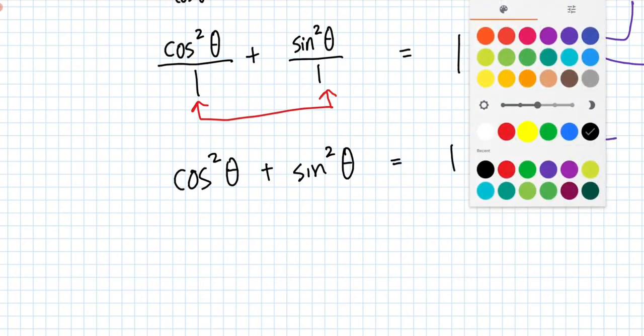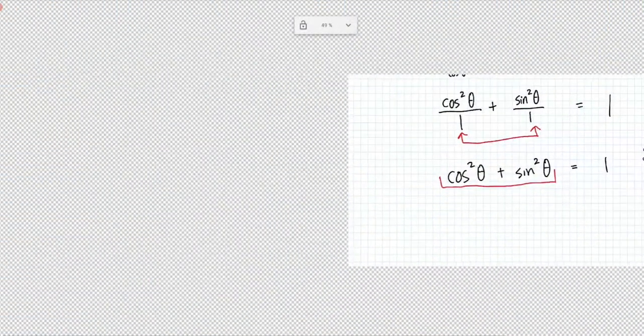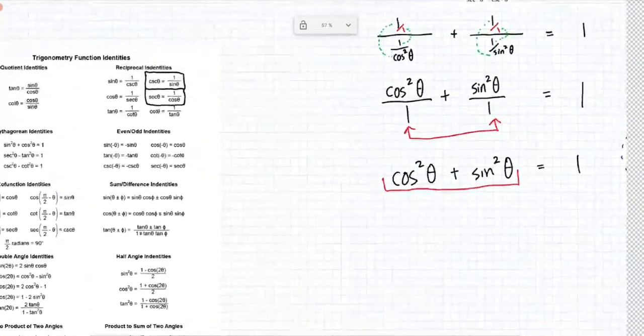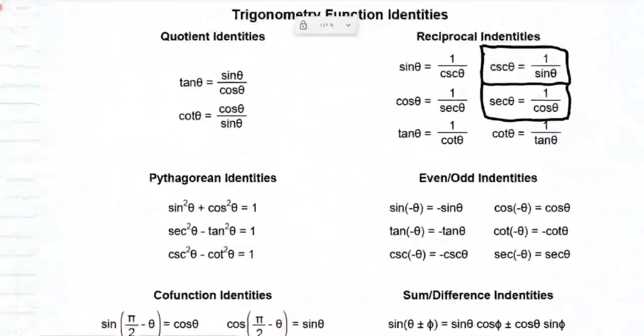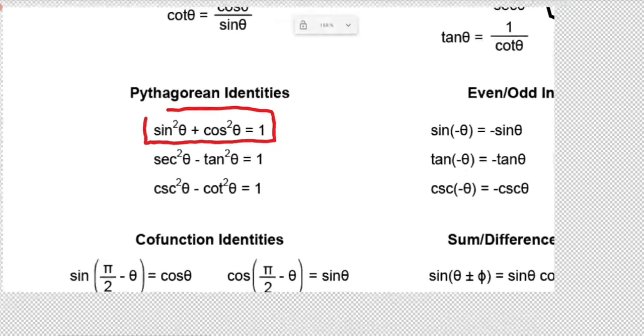Now, some alarms should be going off when you see this expression, because it's a very popular identity. Sine squared theta plus cosine squared theta is equal to 1. So we're going to make that substitution for our final step.